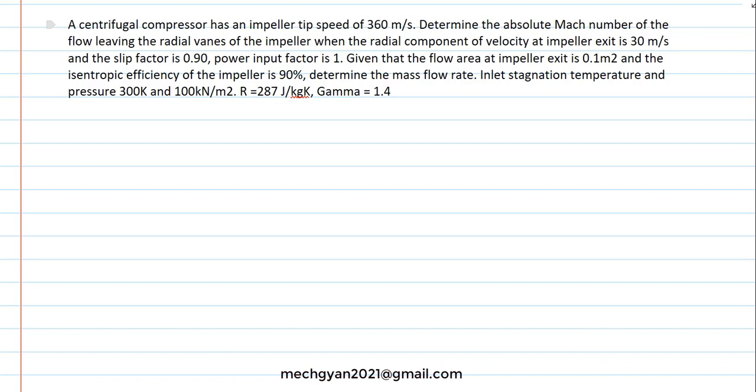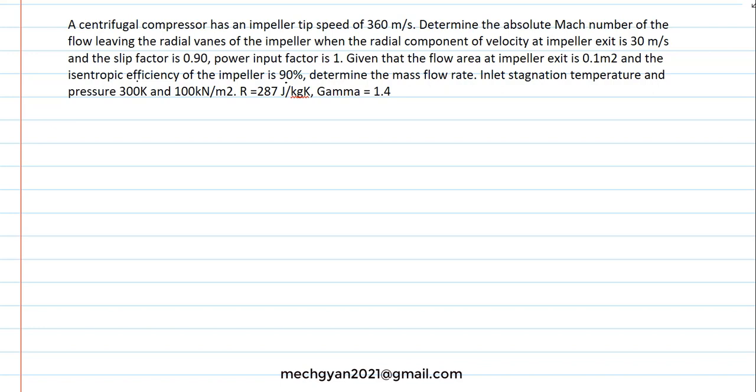Power input factor is 1. Given that flow area at impeller exit is 0.1 meter square and the isentropic efficiency of the impeller is 90%. Determine the mass flow rate. Inlet stagnation temperature and pressure are 300 Kelvin and 1000 kilonewton per meter square. R value is given 287 joule per kilogram Kelvin and gamma equal to 1.4.